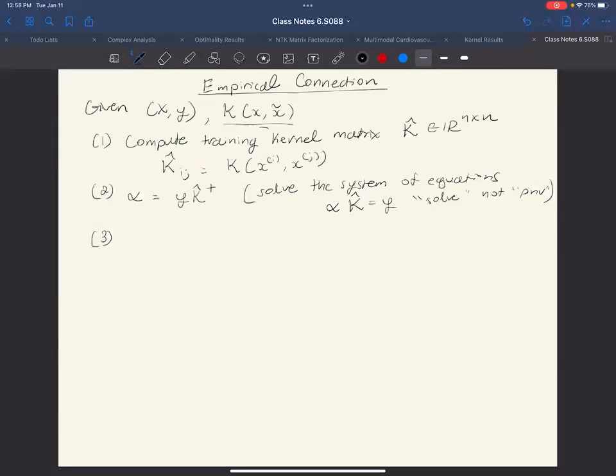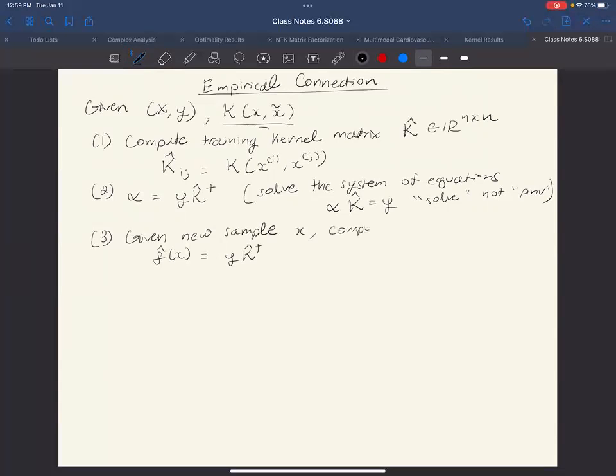Now the third step is you want to be able to predict. So given a new sample x, your prediction f hat of x is going to be, I take my alpha, y k hat inverse or y k hat dagger, and then I just compute.